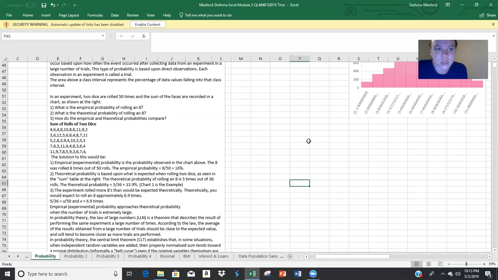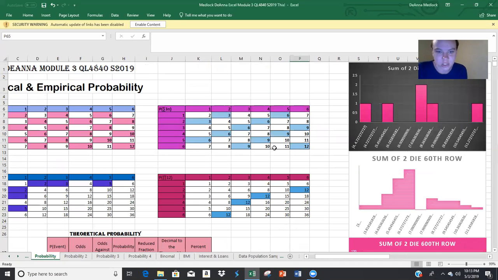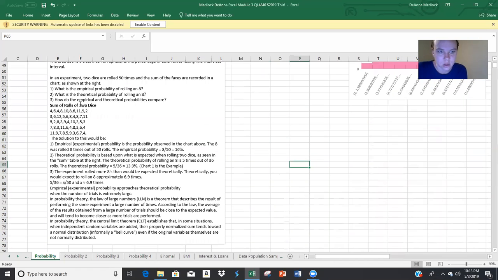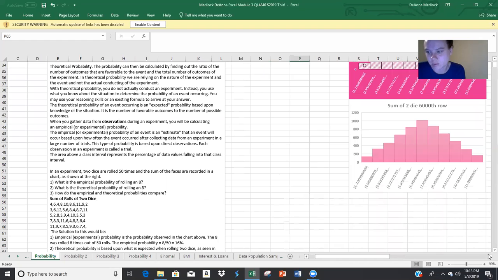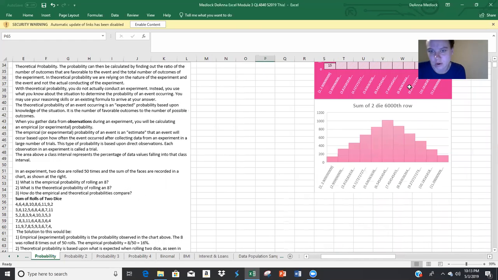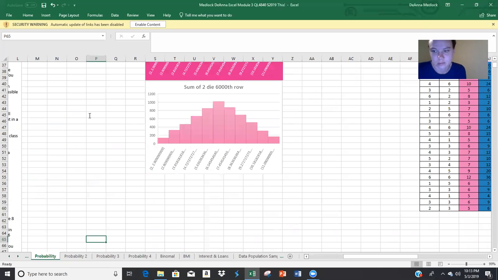So we used an experiment of rolling 2 dice, and I just did an example. If you roll the dice 50 times and record them, which we actually did over here. But we calculated it on the 6th row, the 60th row, the 600th, and the 6,000th row.